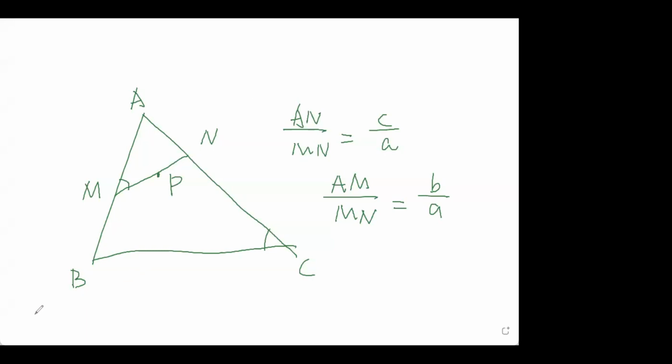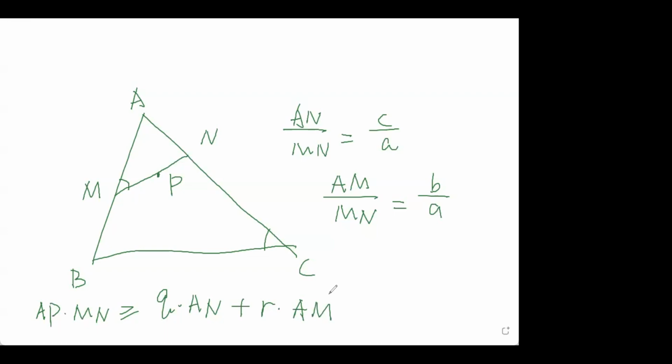I think I will write this down. The left hand side is bigger than or equal to, because we don't know if AP is the length of the triangle AMN. So it is bigger than Q times AN plus R times AM. Q is the length from P to AC, R is the length from P to AB.